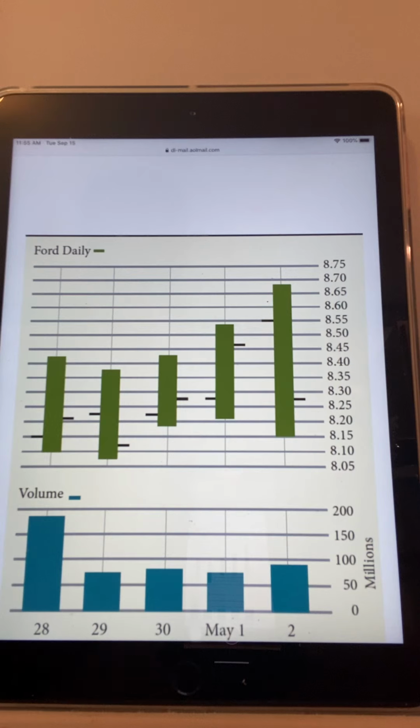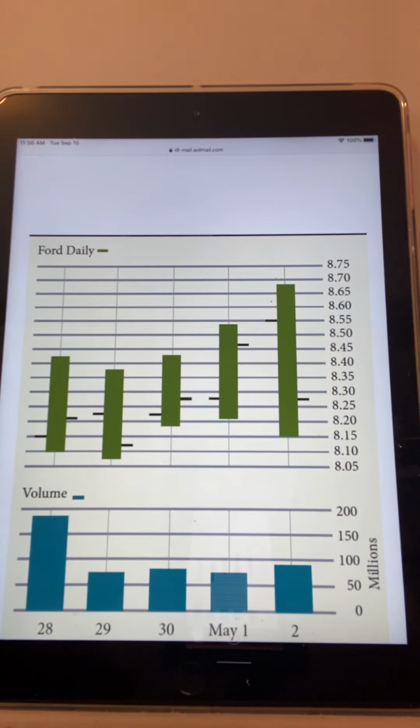So, which day had the greatest high price? The high price is given by the top of the rectangle. So which day had the greatest high price? You're trying to find which day had the top of the rectangle higher than the rest, and you can see it is this day right here, Friday.